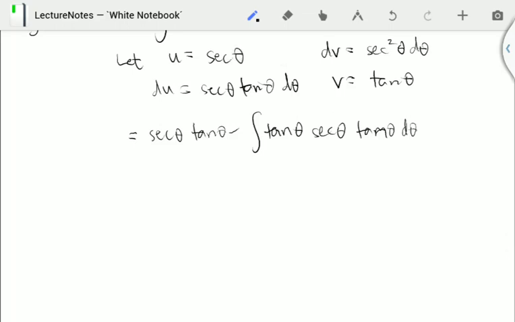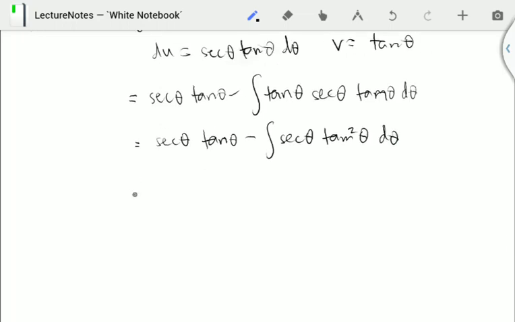Of course, that will give you tan squared when you combine the two tangents inside the integrand, tan squared theta d theta. And we can write our tan squared in terms of sec, because tan squared is equal to sec squared minus 1.